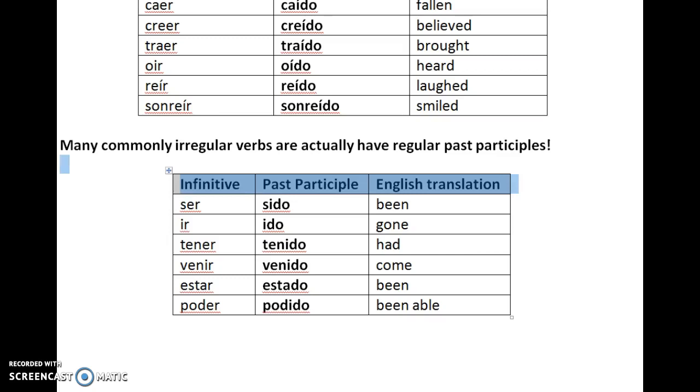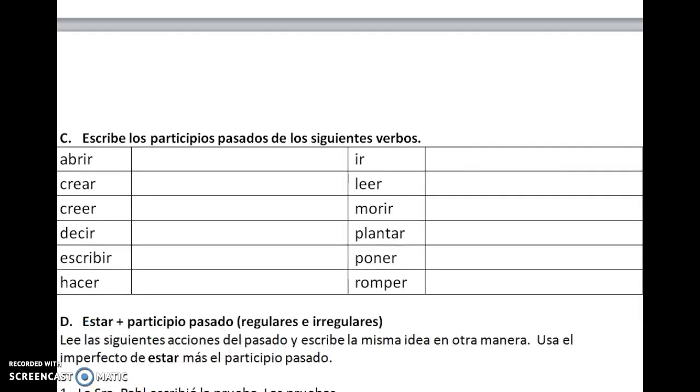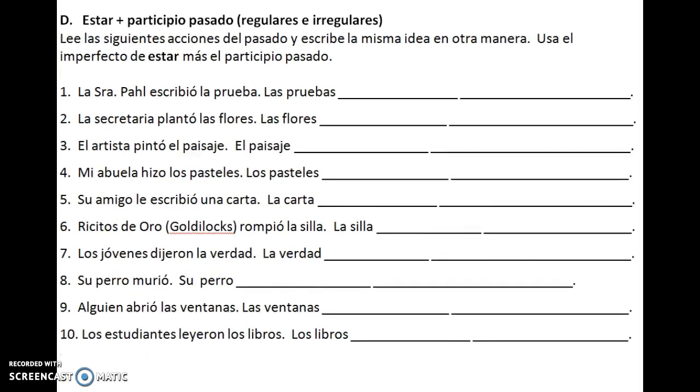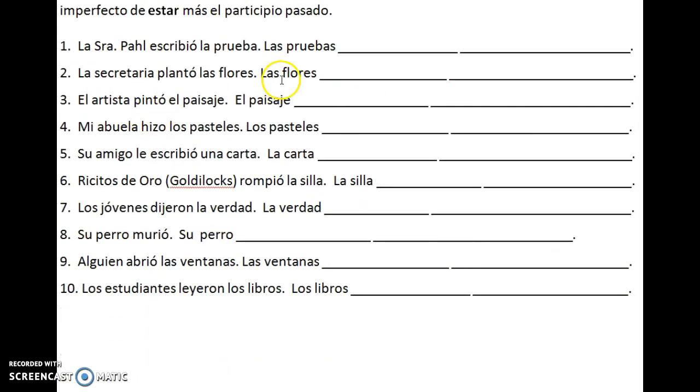If you remember, for the quiz that we did over this section and some of the workbook pages that we did, we had things like, for example, La señora Paul escribió la prueba. Las pruebas están escritas. And we had to remember to put están and put escritas with an AS at the end of it.